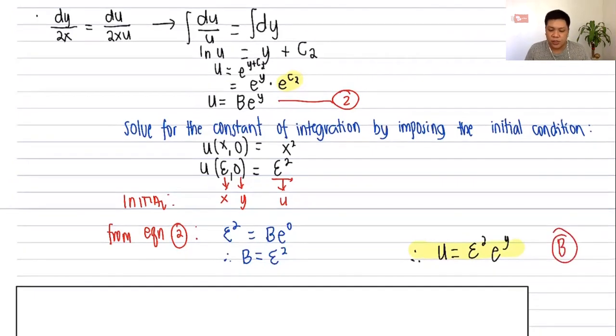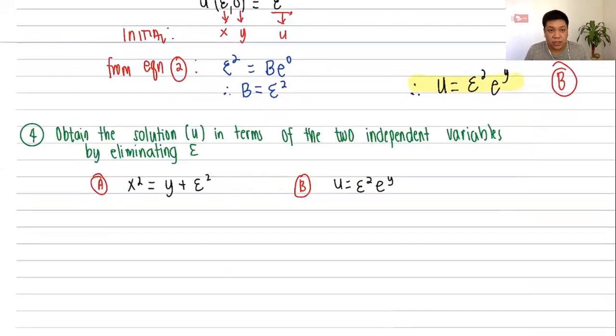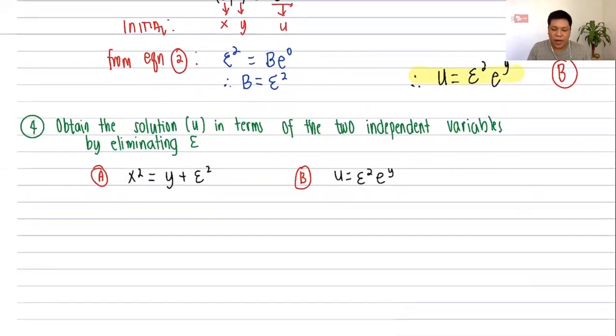So lastly, now that I know equation A and B, my goal is again to solve u in terms of the two independent variables, which in this case are x and y, by eliminating epsilon. Looking here at equation B, this should be our final answer, but it has epsilon.